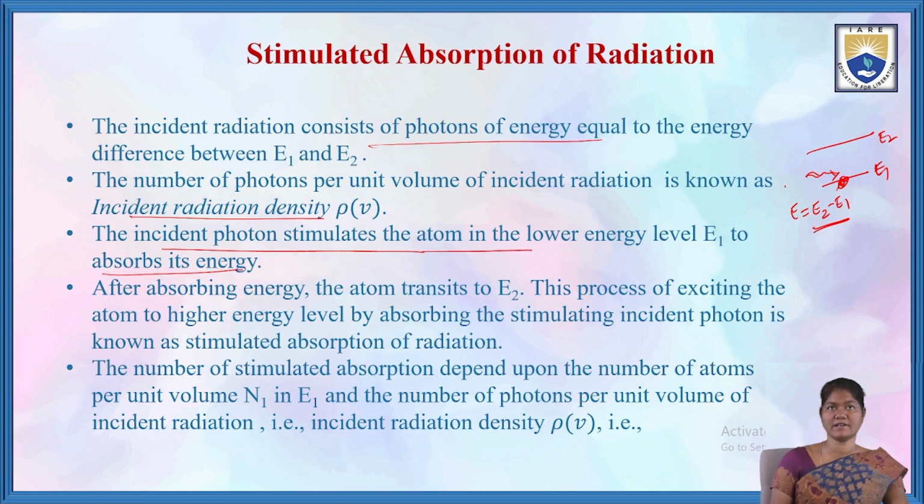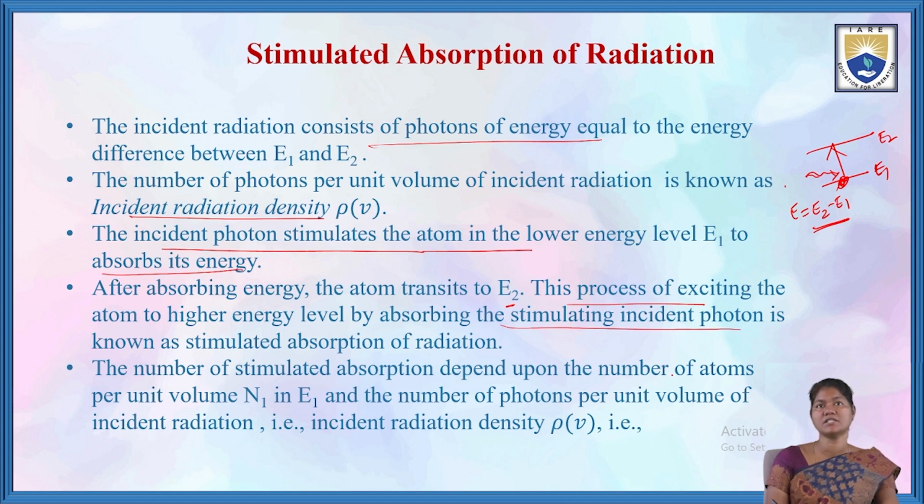After absorbing energy, the atom transits to the higher energy state E2. So this process of exciting the atom to a higher energy level by absorbing the stimulating incident photon is known as stimulated absorption of radiation.